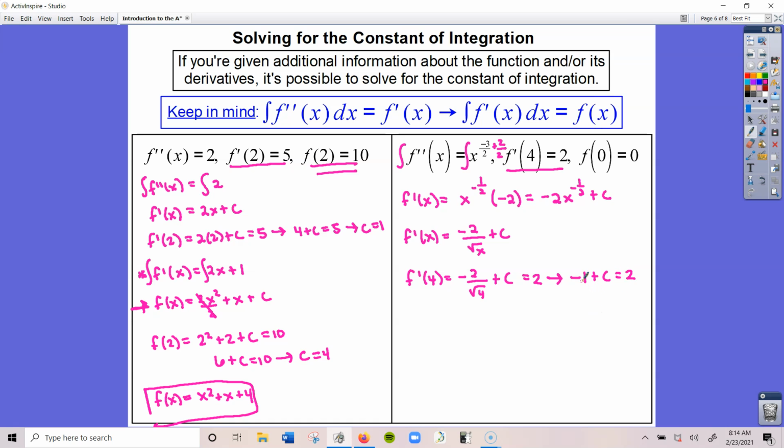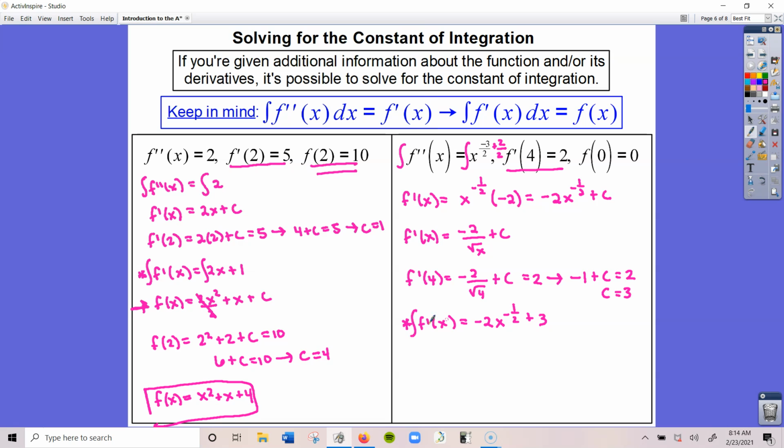To solve for c, we would add the 1, so c is equal to 3. So that means that f prime of x is equal to negative 2. Now I'm looking at this, but I'm rewriting it so that I could be able to integrate it. So x raised to the negative 1/2 plus c, which is 3.